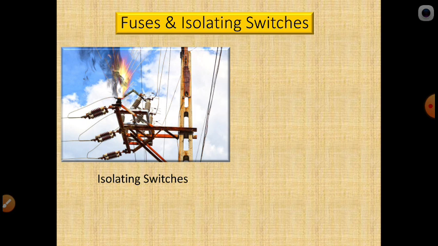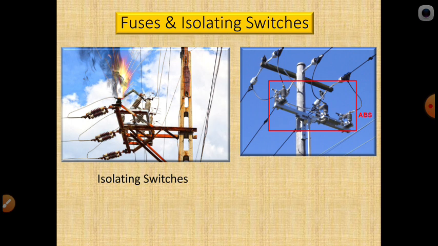Whenever closing and opening the AB switches, a spark may occur. That's why AB switches are designed such that their making and breaking capacity is in limited values. But the isolator can be operated under no load condition only. That's why it has no making and breaking capacity.